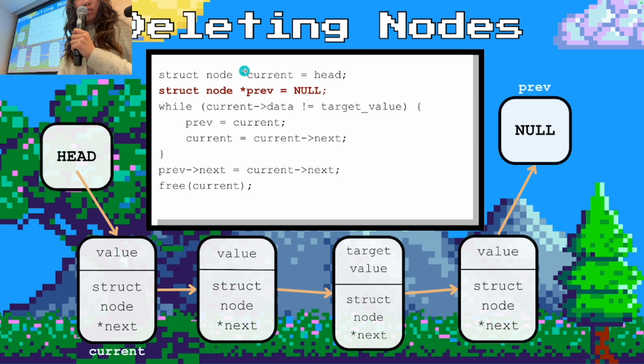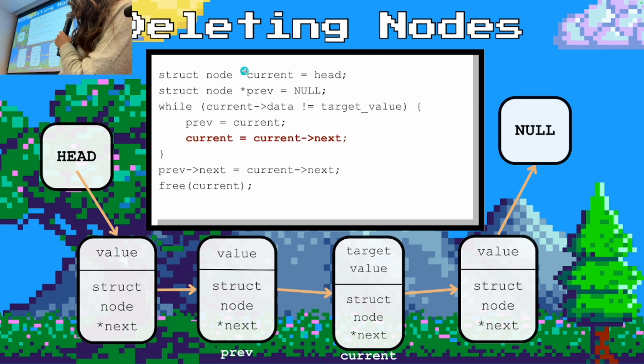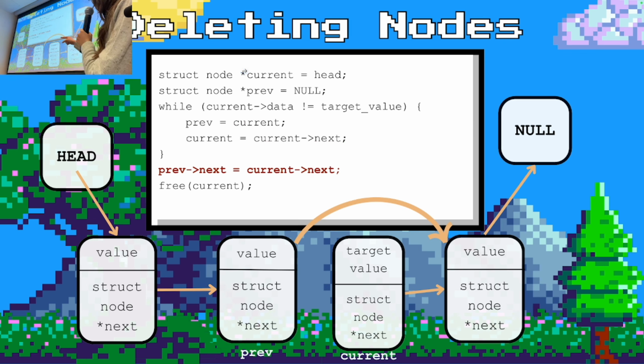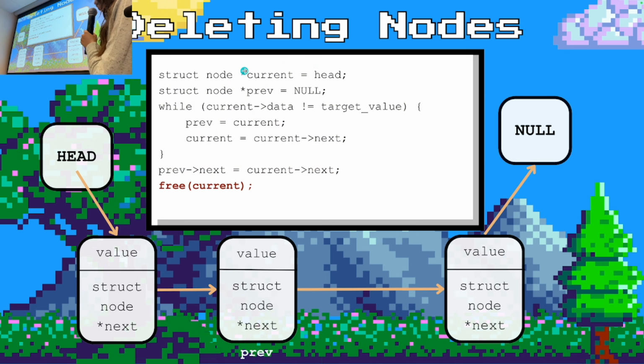So we have a current and a previous, and then we're traversing the list until we get to the target value, which is the node that we want to delete. And then we want to link previous to the next node before we delete the current node.